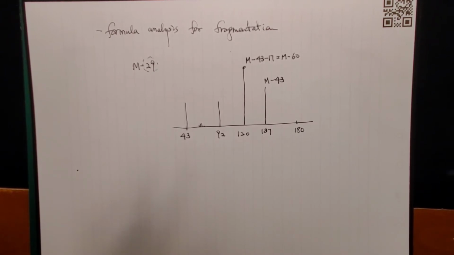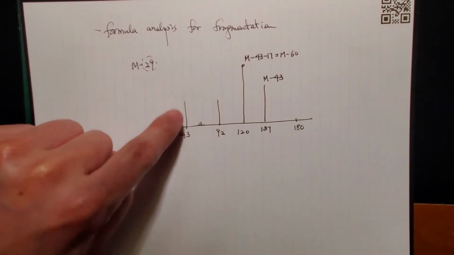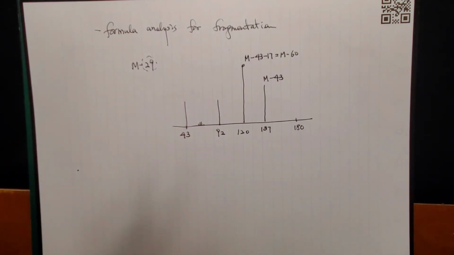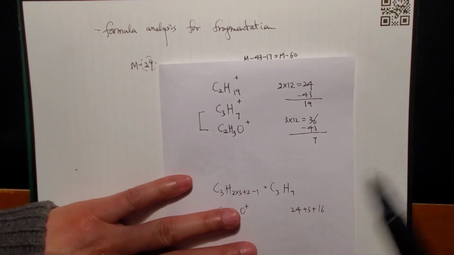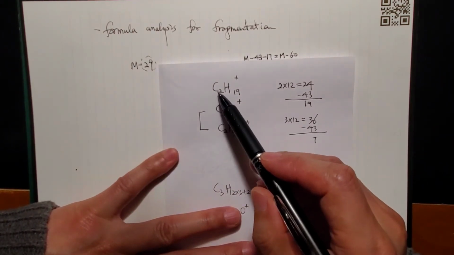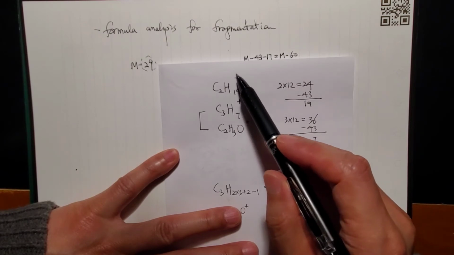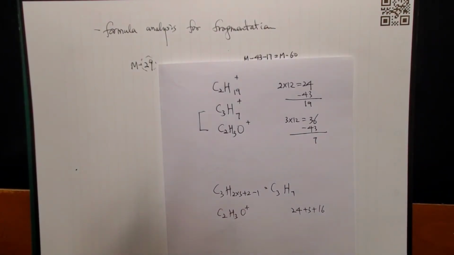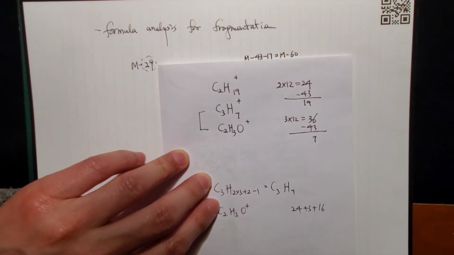So figure out what makes 43. And notice there is a signal for 43 as well. So here is what I did for you. If you think of 2 carbons, then you should have 19 hydrogens, considering it is a fragment with a plus sign, meaning it lost 1 bond, and that's impossible, having 19 on 2 carbons.